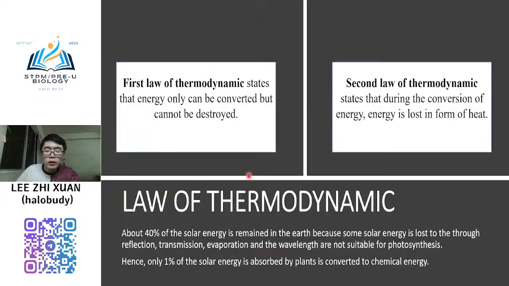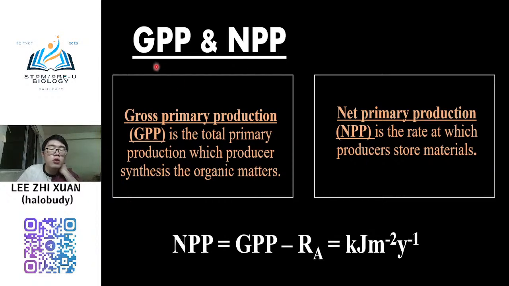Okay, so next is about the equation. Normally you will see these two terms, GPP and NPP. GPP is the gross primary production and also net primary production. So what are they? Normally GPP is the total primary production which synthesizes the organic matter. Meaning that this is the energy that producers make. Producers can make 100 kilojoule of energy.